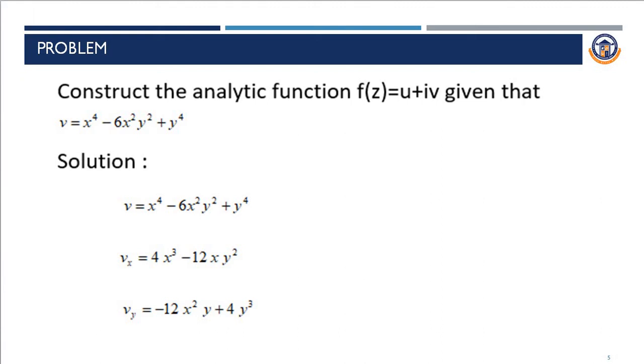So differentiation of y squared is 2y. Multiply 2y with the minus 6x squared, so finally you get minus 12x squared y. Then the third term is y power 4. Differentiation of y power 4 is 4y cube. Finally we get Vy equal to minus 12x squared y plus 4y cube.